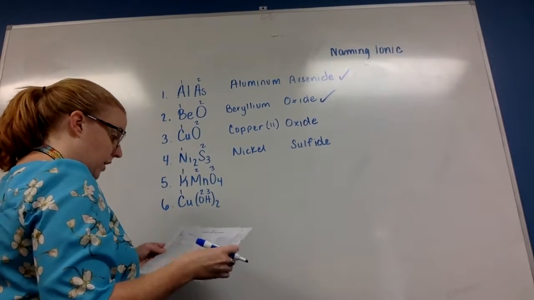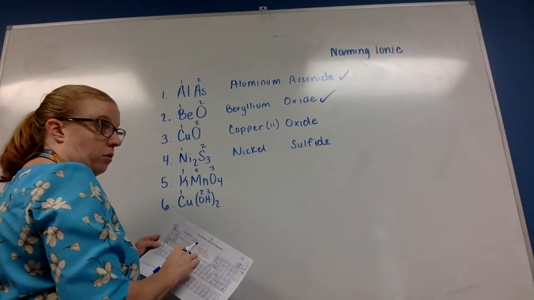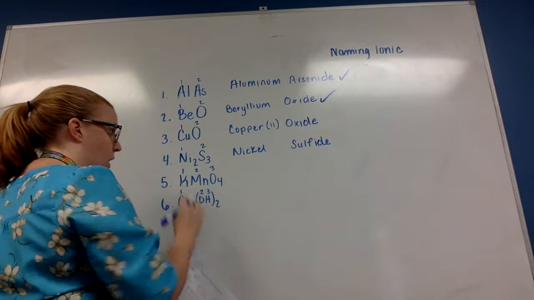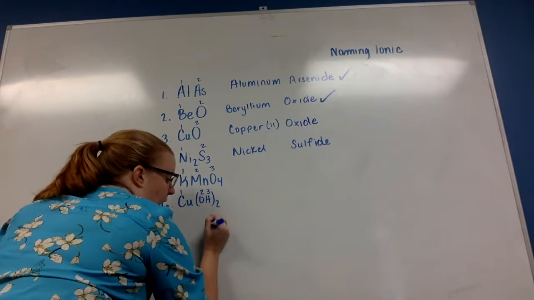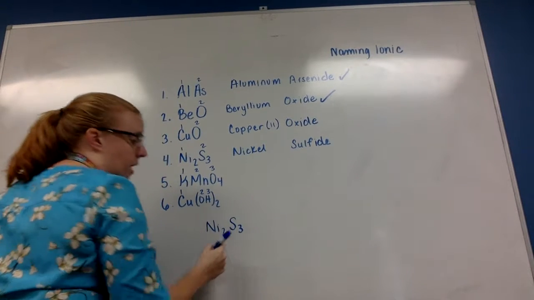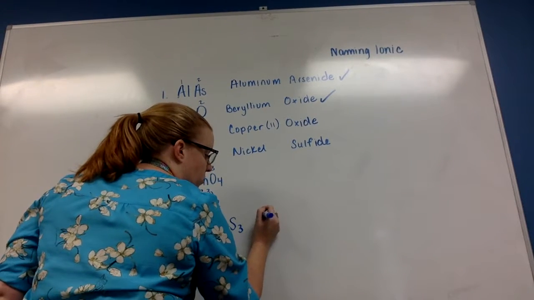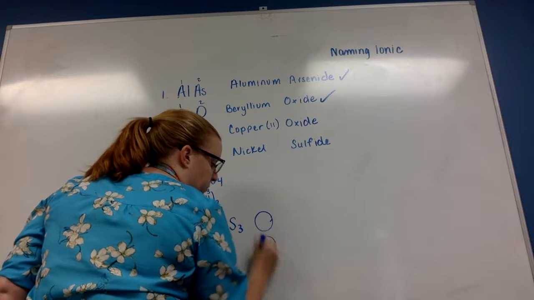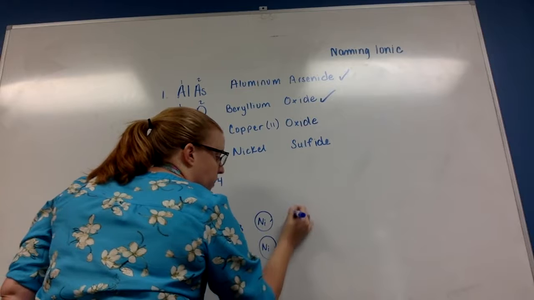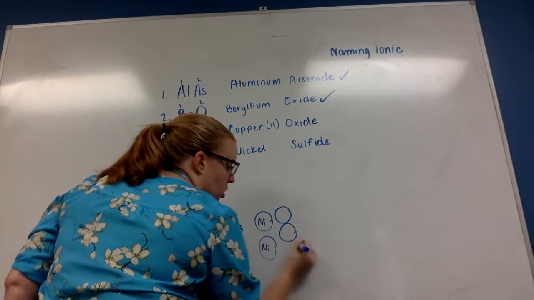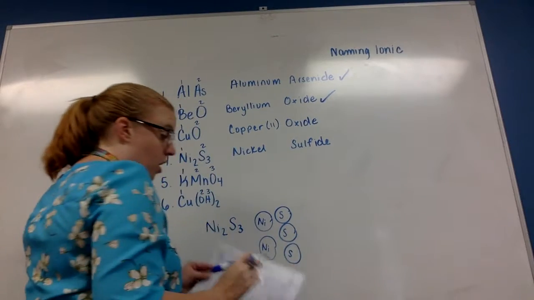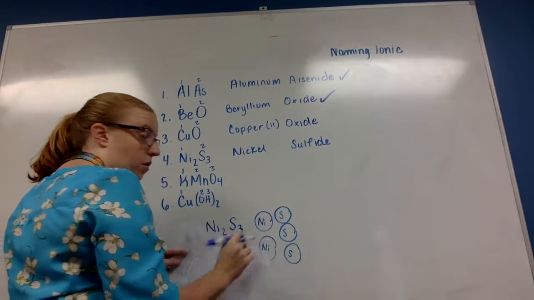Nickel is a multivalent compound. It can be 2 or 3. I have Ni2S3. That means that I have 2 nickels and 3 sulfurs. Sulfur has a 2- charge because of the periodic table.